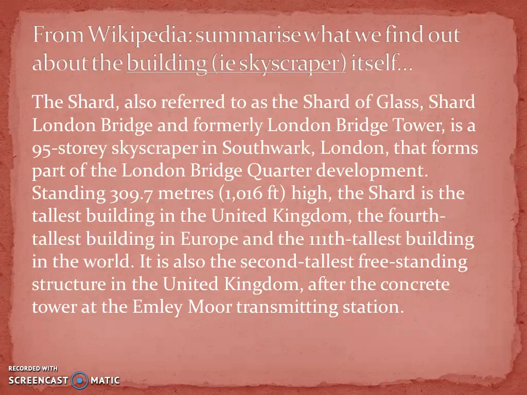So the Shard, also referred to as the Shard of Glass, Shard London Bridge, and formerly London Bridge Tower, is a 95-storey skyscraper in Southwark, London, that forms part of the London Bridge Quarter development, standing 309.7 metres, 1,016 feet high. The Shard is the tallest building in the United Kingdom, the 4th tallest building in Europe, and the 11th tallest building in the world. It is also the 2nd tallest freestanding structure in the United Kingdom, after the concrete tower at the Emley Moor transmitting station.